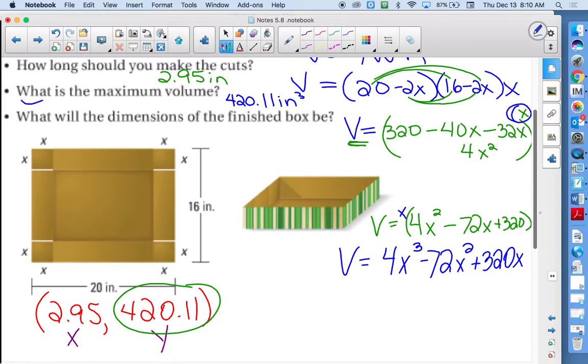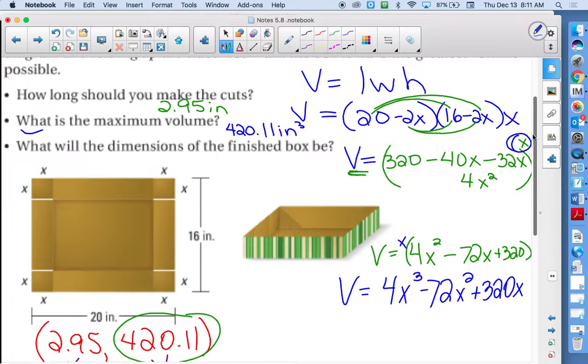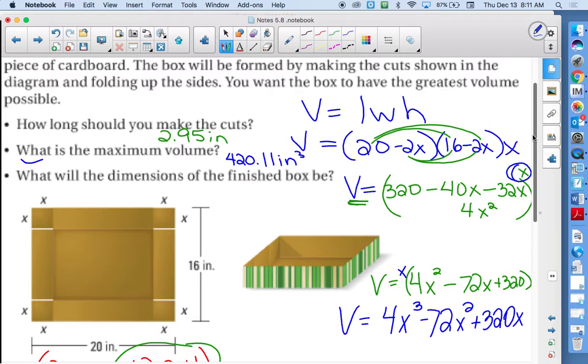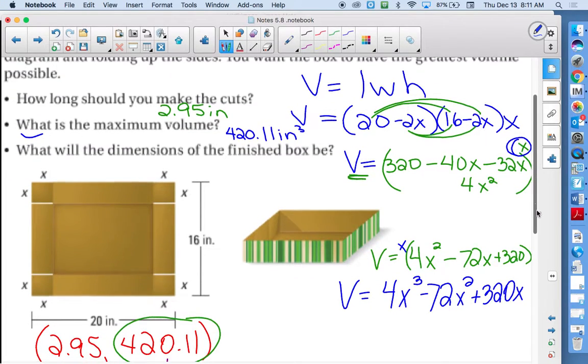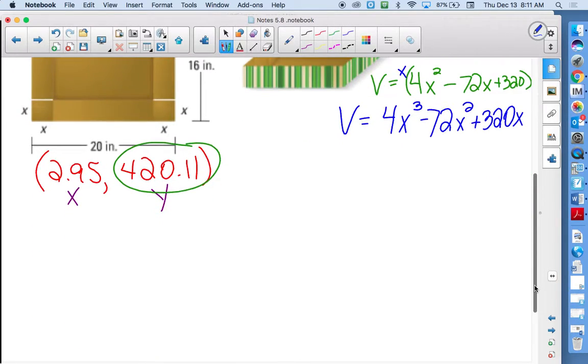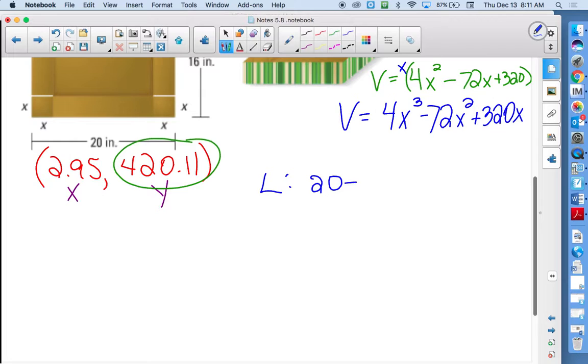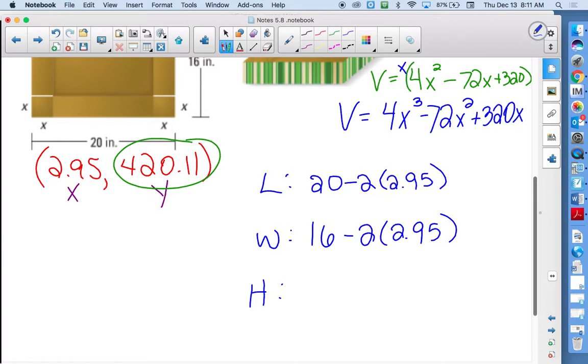The last question says, what will the dimensions of the finished box be? Well, we have x. We have an equation. We can plug that x in to get the dimensions of the box. So we know that it should be 20 minus 2x for the length. The width is 16 minus 2x. And then the height is just the x. And again, it's roughly 3.